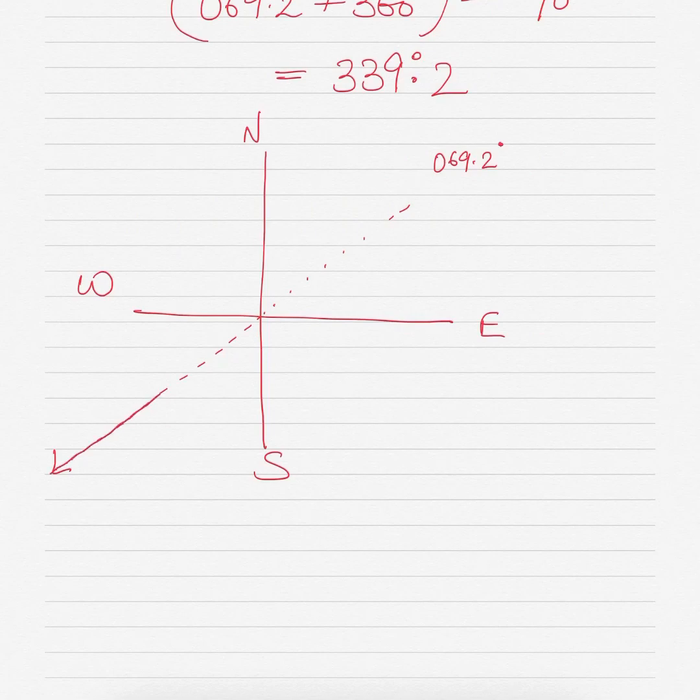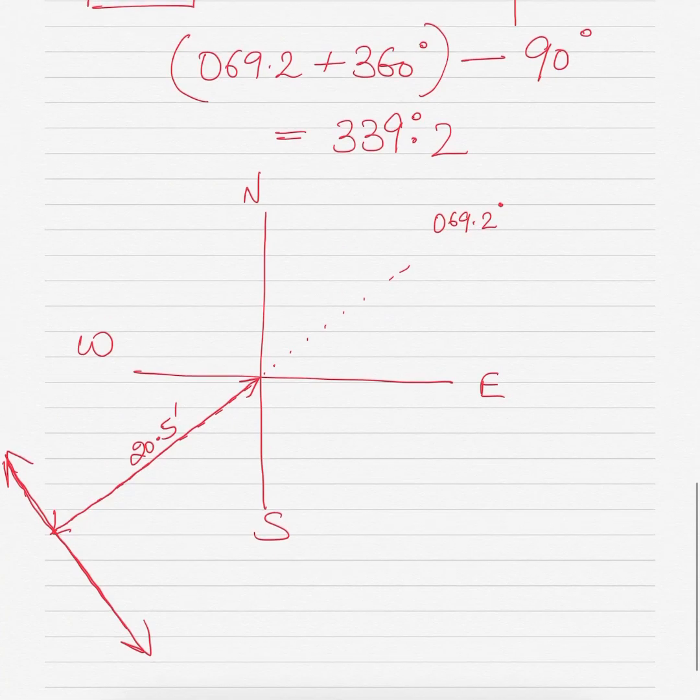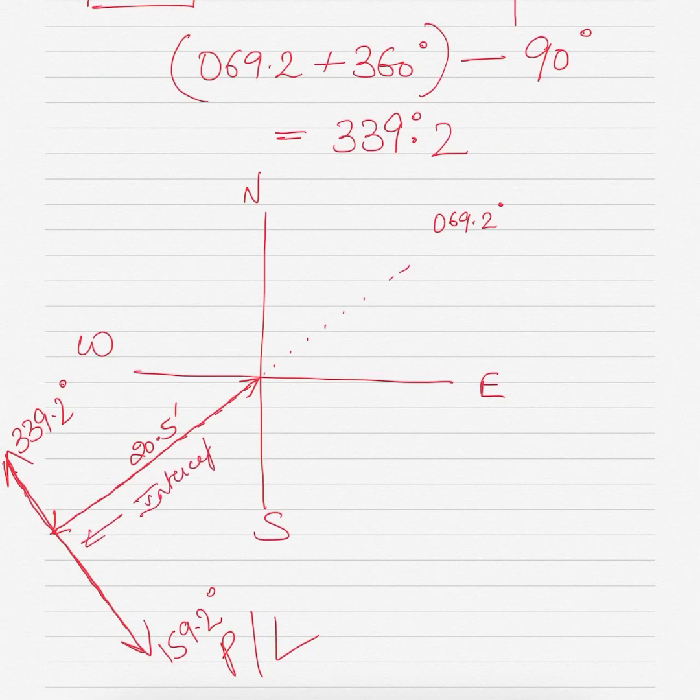This means going away. Now this distance would be the intercept distance. This is 20.5 minutes, what we have calculated. And when you draw a line perpendicular to this line here, this line is in the orientation of 159.2 and 339.2. That is what it means. This is the PL, or position line. This distance is the intercept distance.